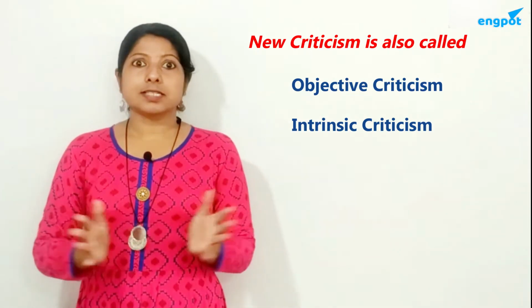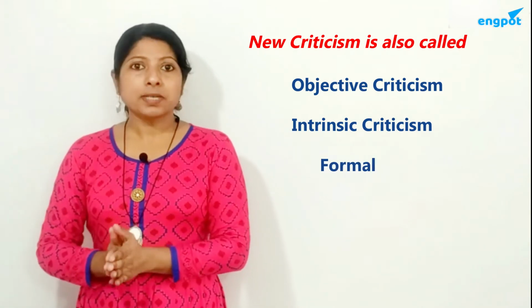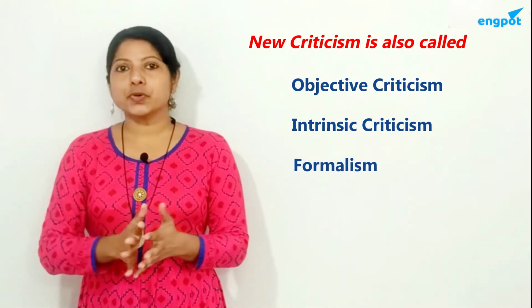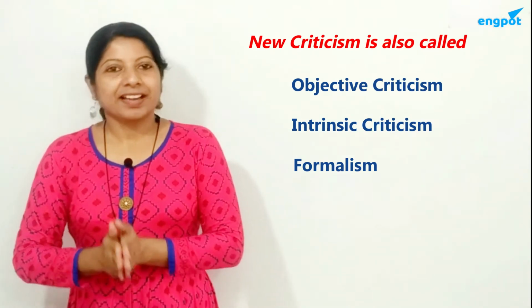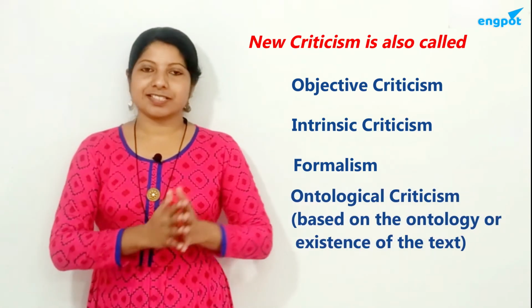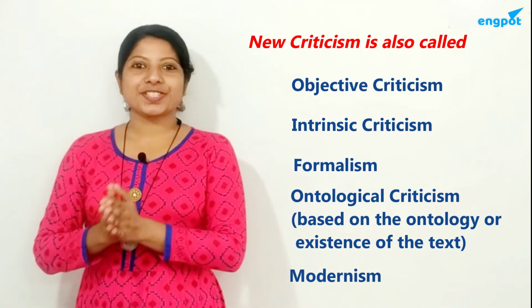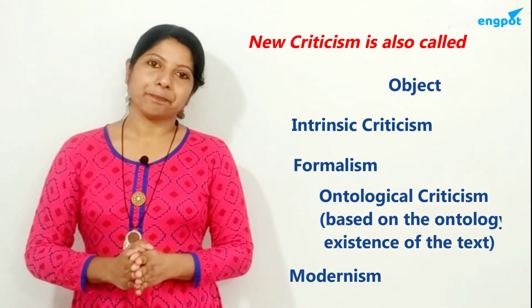There are also other terms: it is also called formalism, because formalism and new criticism are more or less the same. It's also called ontological criticism, modernism, etc. So these are the terms used for new criticism.